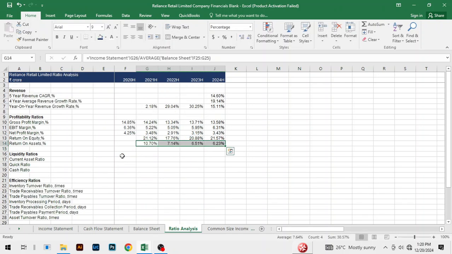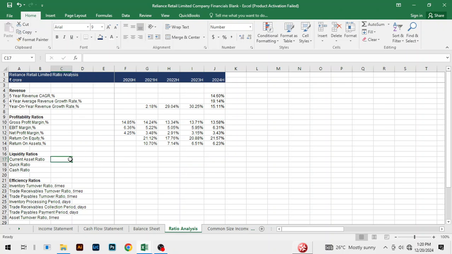So we copy that to the right as well. So perfect. Here we are saying that at least in 2021 the company was generating about 10.7% per dollar of equity in income, right? But that has been declining going forward to 2024.